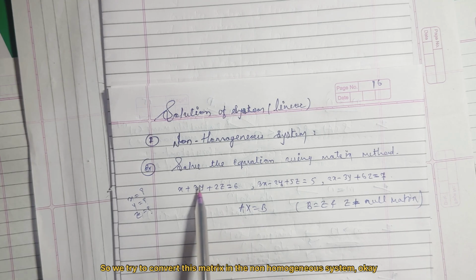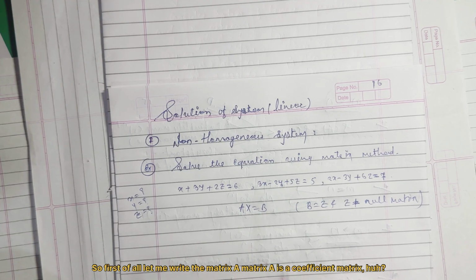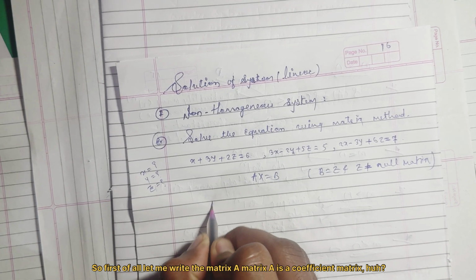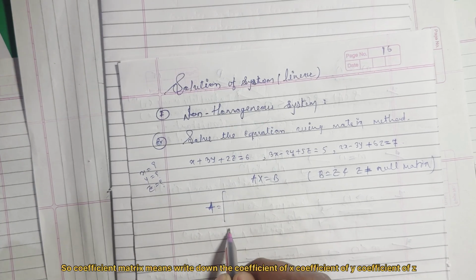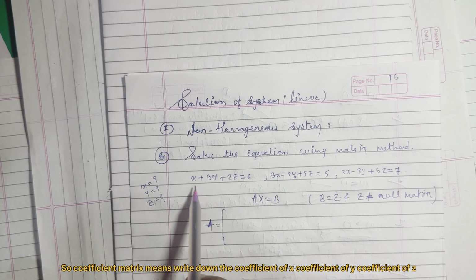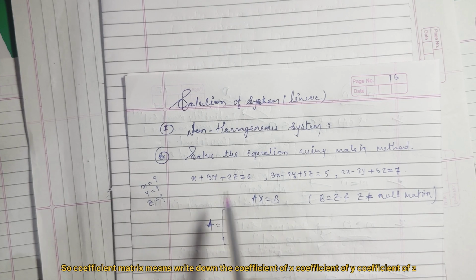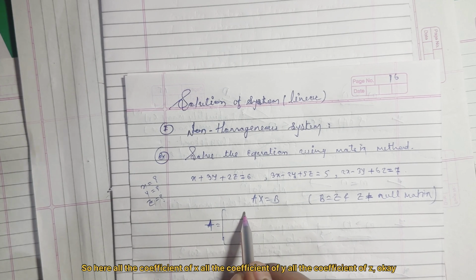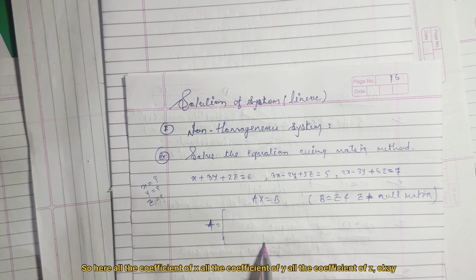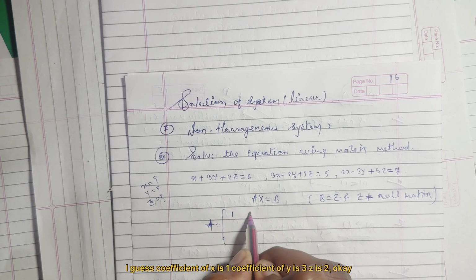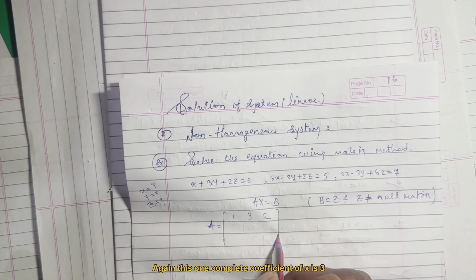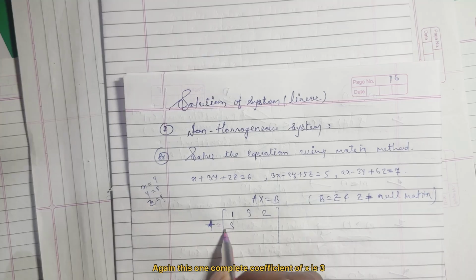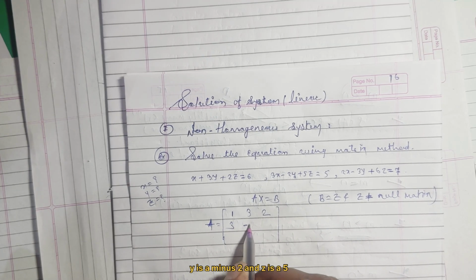So we try to convert our equations into the non-homogeneous system form. First of all, let me write the matrix A. Matrix A is the coefficient matrix in our system. Coefficient matrix means writing down the coefficients of x, y and z.